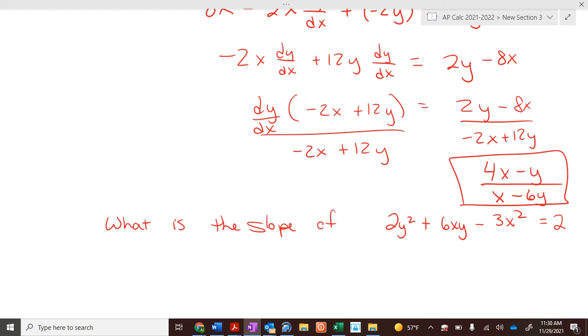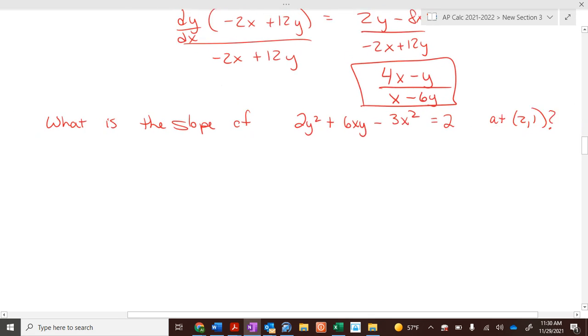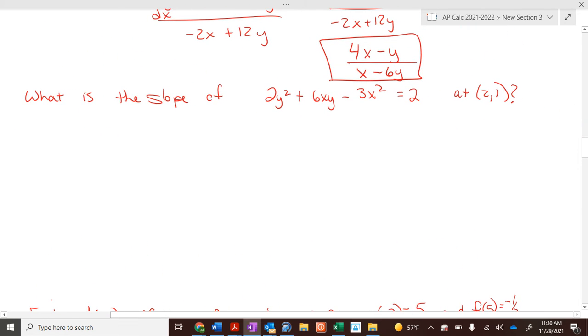Okay. And then on the next question, they advance it one more notch. They ask, what is the slope of that function at 2, 1? So you have to do the dy/dx and then plug in the 2, 1. So what's dy/dx? 4y dy/dx plus ... equals.